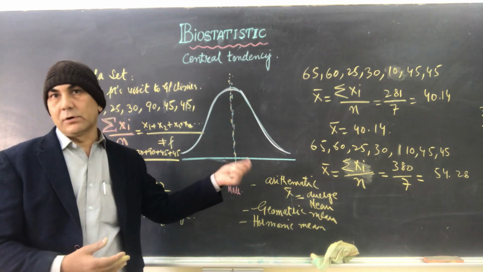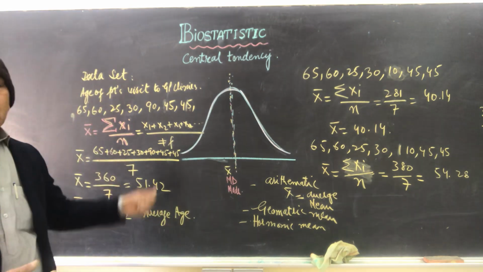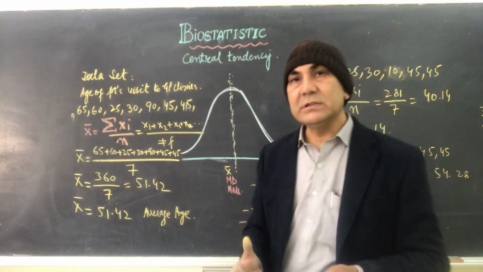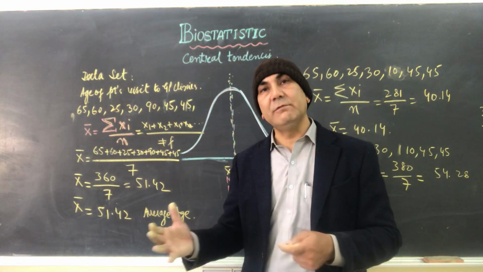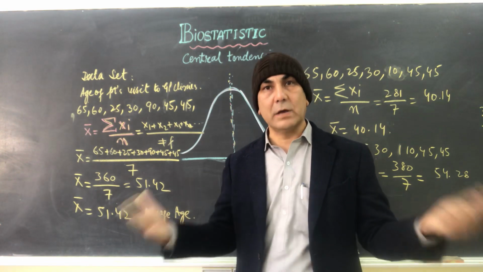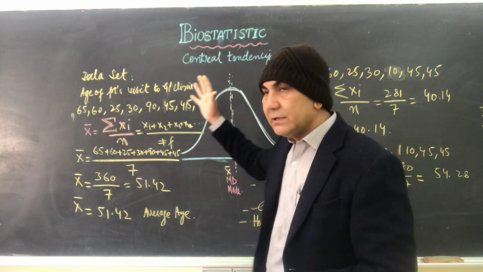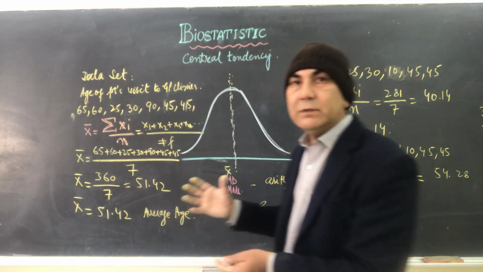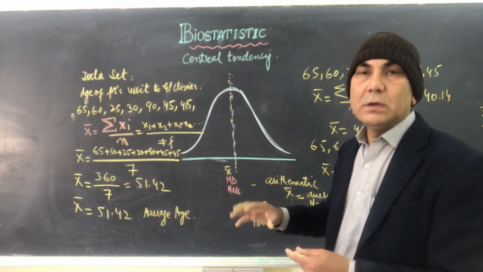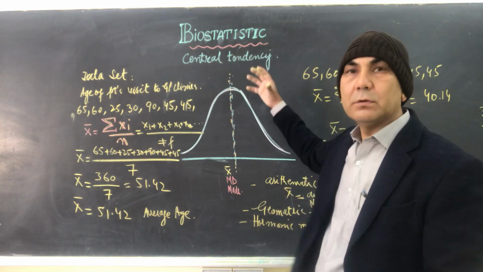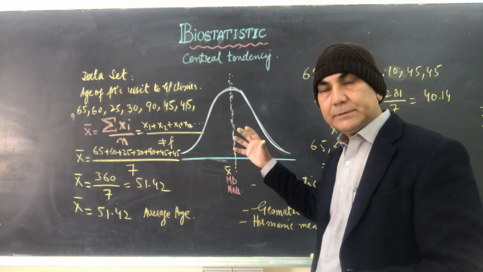The mean of the data set is always affected by the extreme value, another name for which is the outlier. If the outlier is on the lower side, it pulls the mean towards the lower side. If the extreme value is on the higher side, it pulls the average towards the upper side.